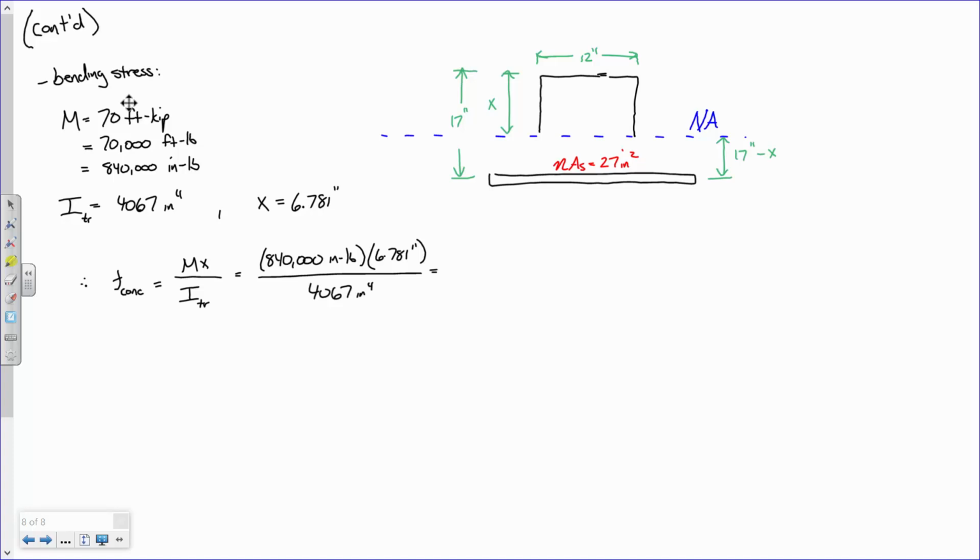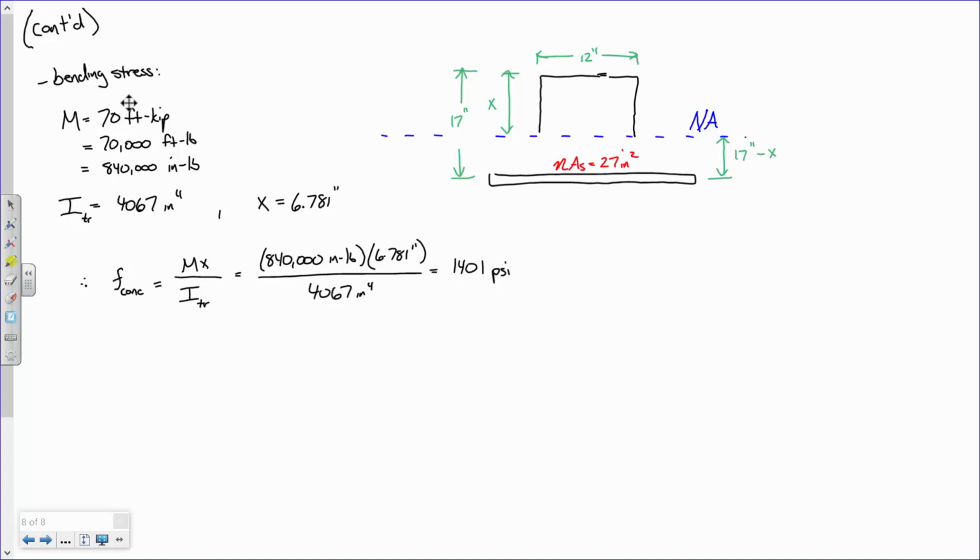We'll keep it to the nearest whole number, just to keep it simple. 1,400 even? So we'll say 1,401 PSI. That is the maximum compressive stress that this concrete is seeing.